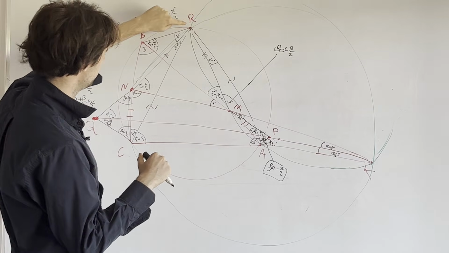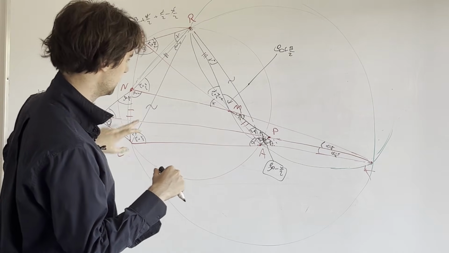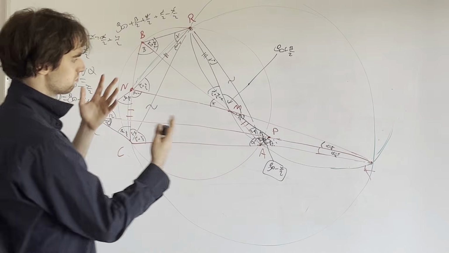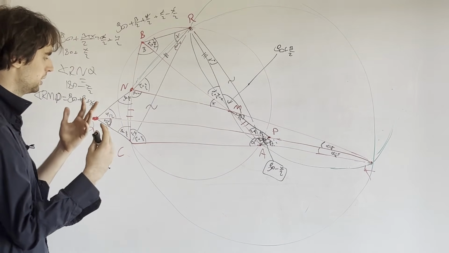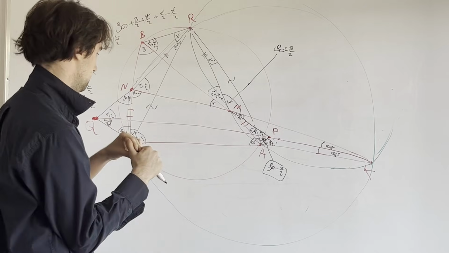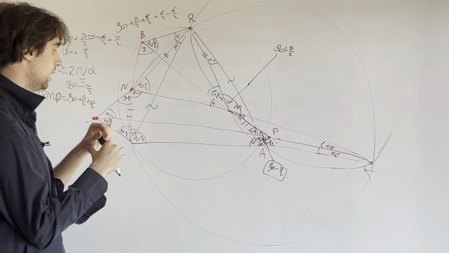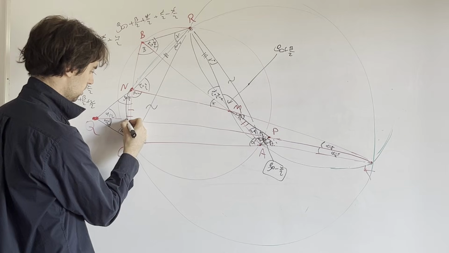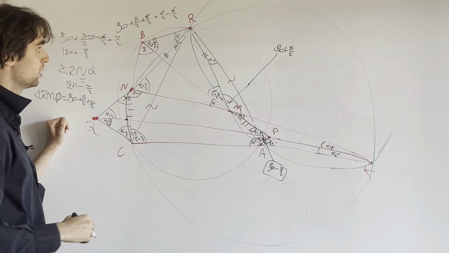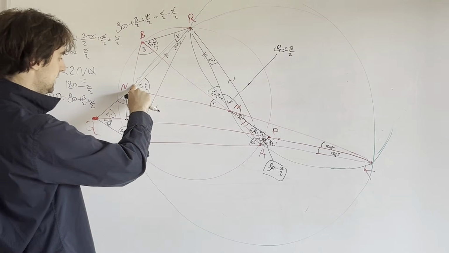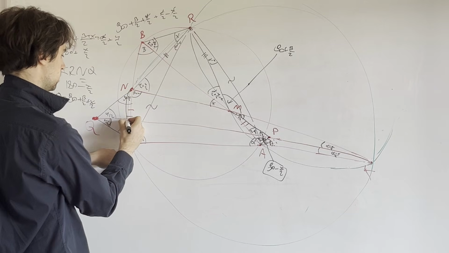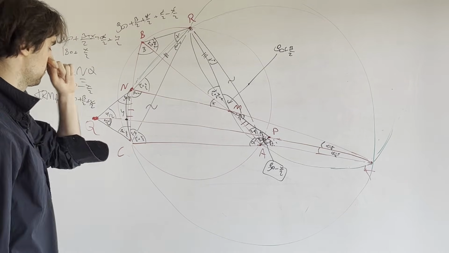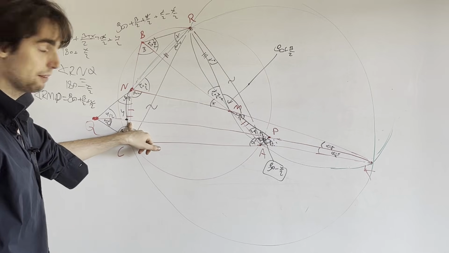Also take into account that R and CK are on the same circle. Is there something we can use with that fact in mind? The idea is, okay, let me take the midpoint of this arc over here, of the arc NC, and let's call this midpoint Y. Now, what do we have for Y?